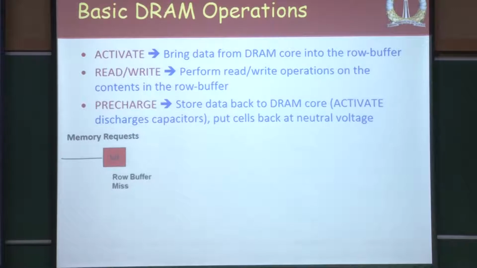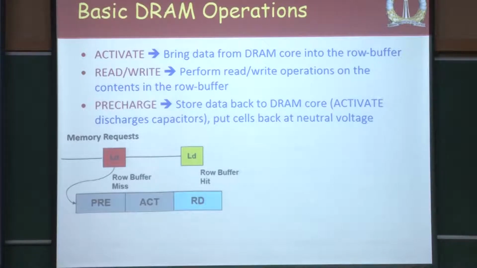Okay, now let us look at the following thing. Suppose I want to access some data, and let us say that this corresponding row is not there in the row buffer of the bank. Then what happens? I have to do a precharge, activate and load. Let us say I want to access one more column from the same row.